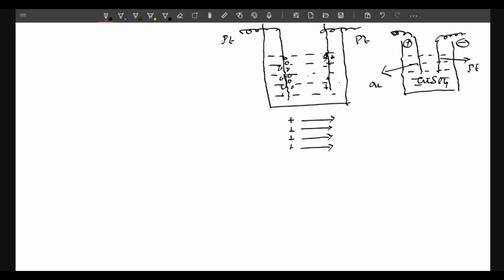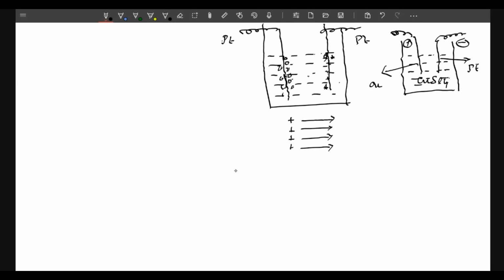Due to the depletion of cations around the cathode, there is an imbalance in the solution: on the anode side, the cation concentration would be higher, and on the cathode side, it will be lower. Therefore, the cations are attracted towards the cathode and move very fast towards it.